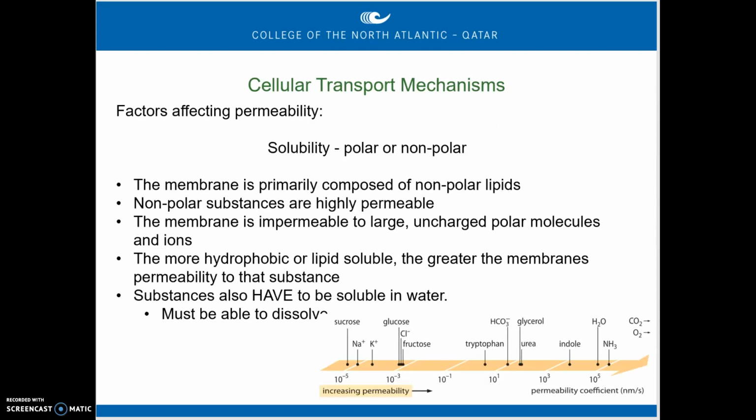Alright, so the first factor we'll talk about is solubility. The big thing about solubility is: is the molecule polar or nonpolar? The reason that has a big effect is because we're talking about two solvents: the lipids that make up the membrane and water, which is kind of our universal solvent in our cells.